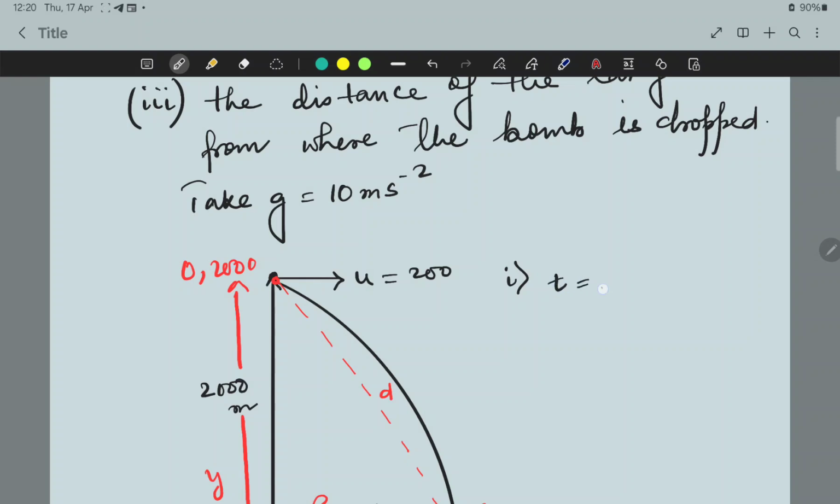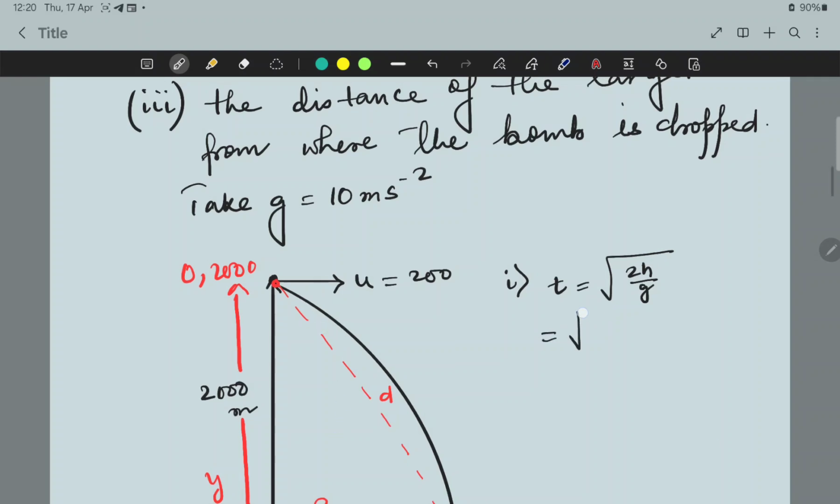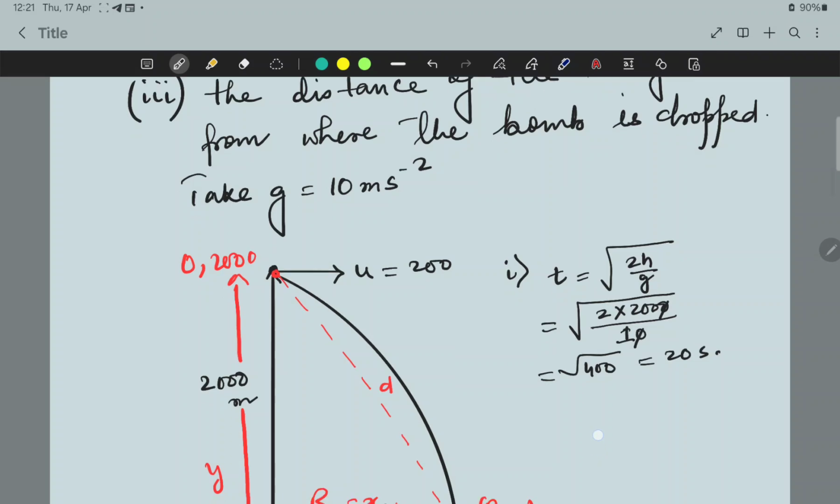T equals root over 2h by g. So just substitute the values. It is at a height of 2000 meters, so 2 into 2000 by g, which is 10 over here, so it is root 400, that is 20 seconds.